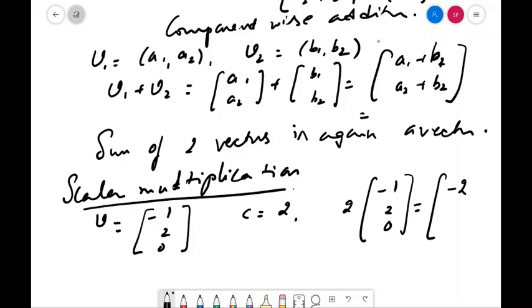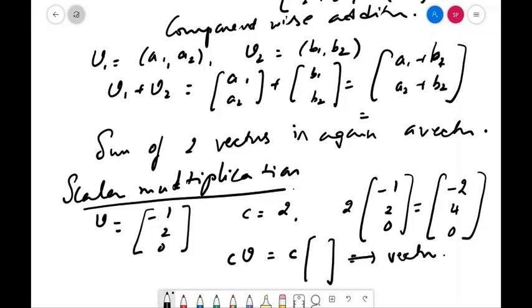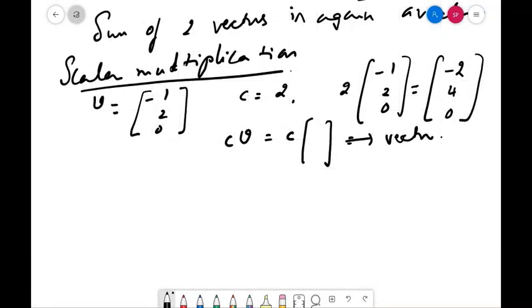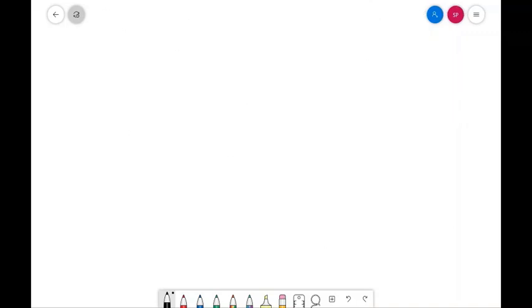We multiply the scalar 2 to each element in this column vector. So similarly, CV, which is C times the vector V, will again be a vector. That means if you multiply a vector with a scalar, it will again be a vector. Now we have defined what vectors are, how we add vectors, and how we multiply a vector with a scalar.